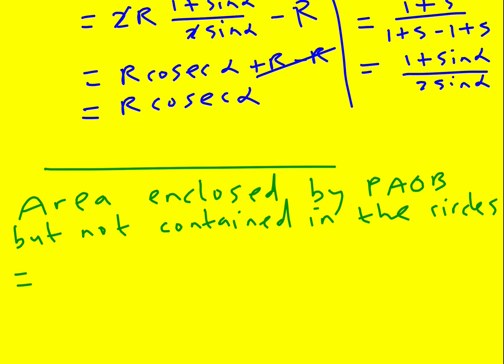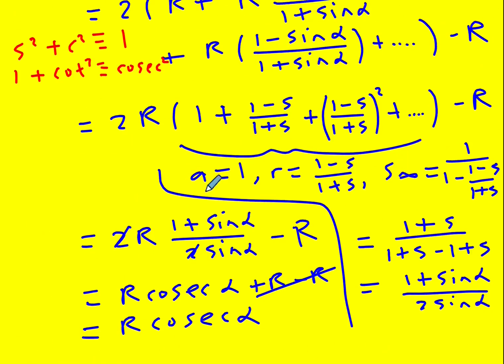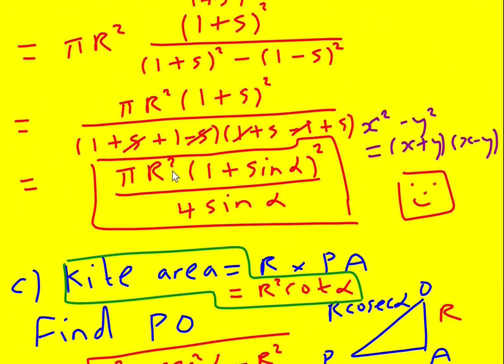It's going to equal my r squared cot alpha, that's my kite, minus, and then I'm going to need to minus that thing I found here.